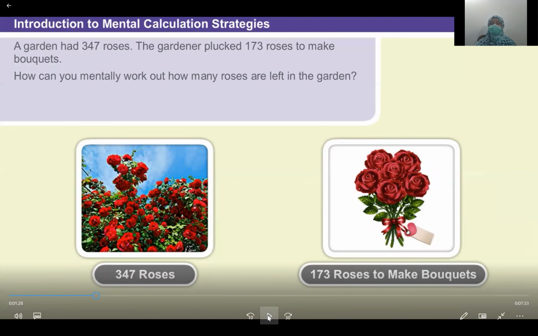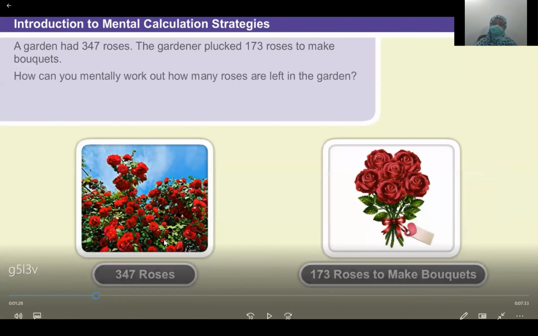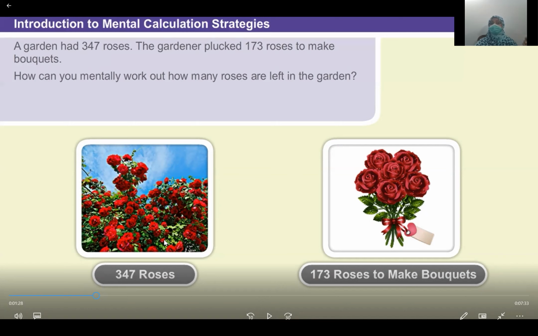So just imagine that this is your garden and you have 347 roses in your garden and you are going to take 173 roses from it. Okay, then after taking 173, how many roses will be there in the garden?